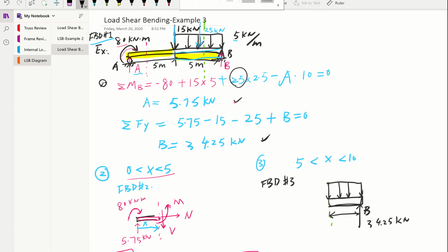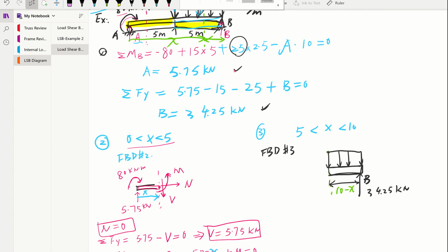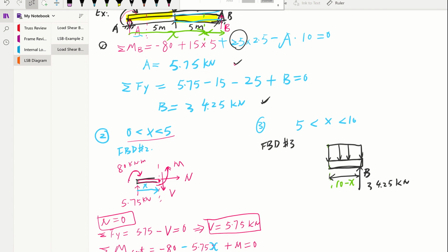Okay, I think we discovered this in the previous video. Remember, your A is way here, and where we cut is a random spot, and that's going to be your X. So this length will be your entire length, 10 minus X. Okay, so knowing that, we're going to continue to finish our FBD number 3.